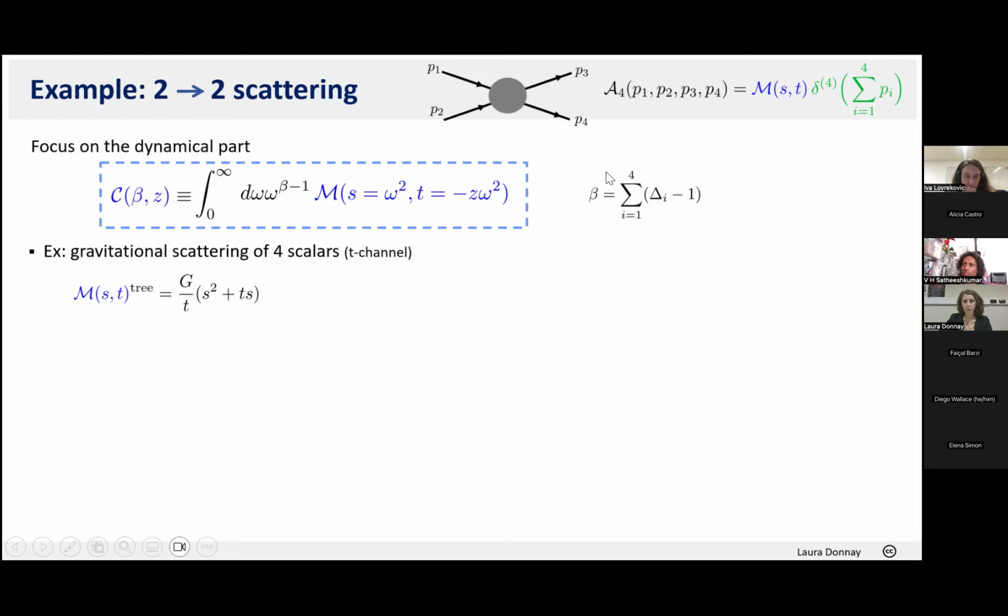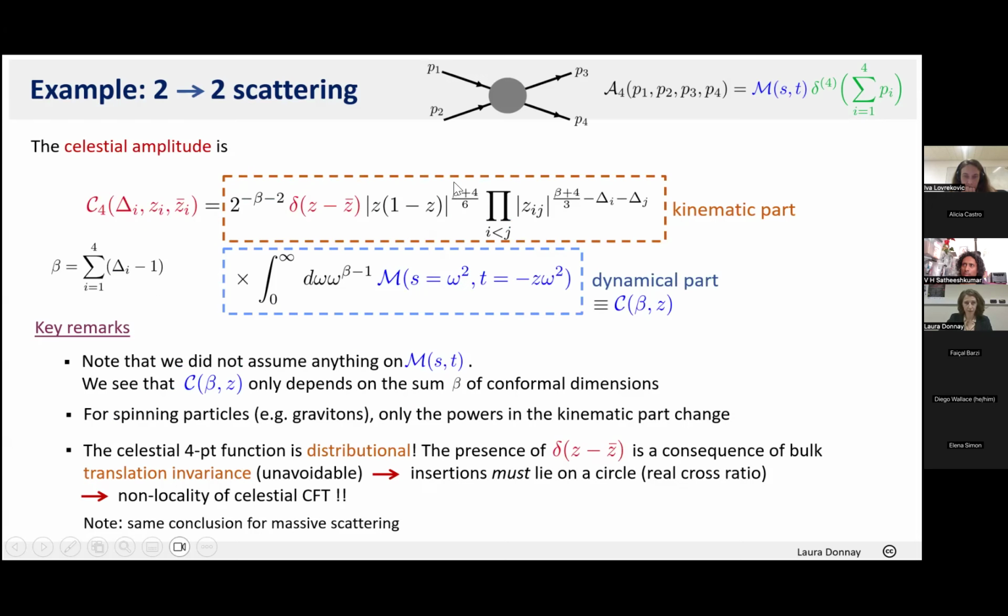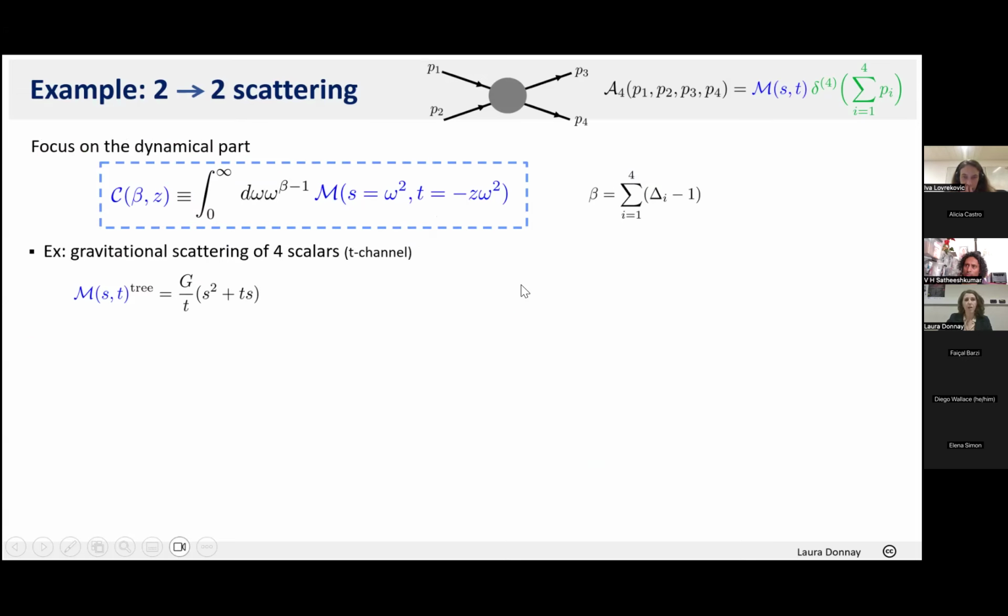Well, as I said, once you've been through this mess of delta functions, the kinematic part is fully worked out. The only thing you have left to do is compute this integral over this variable omega. So you just take your amplitude, and then you replace S and T by omega squared minus z omega squared. This is what you get.